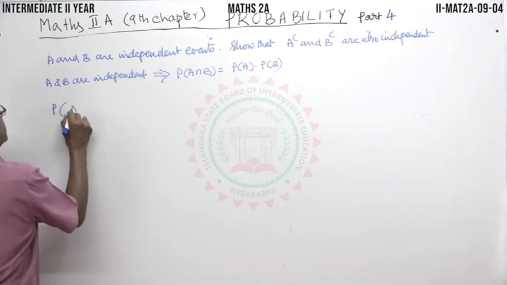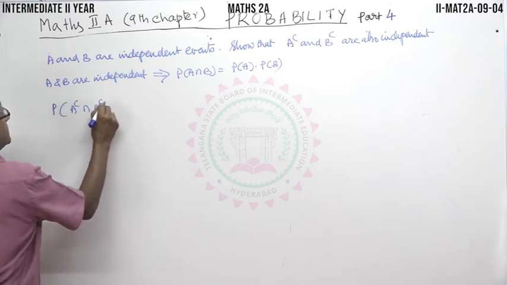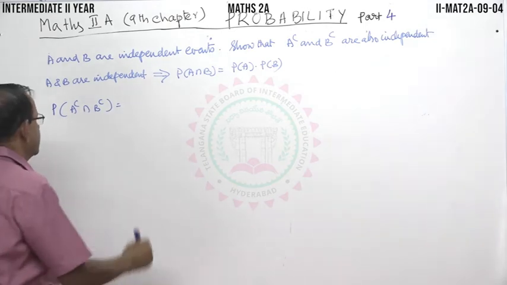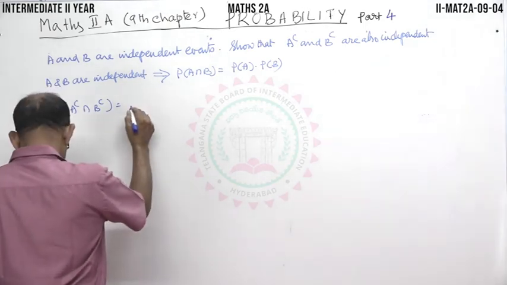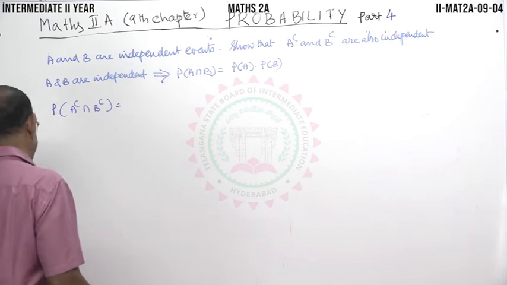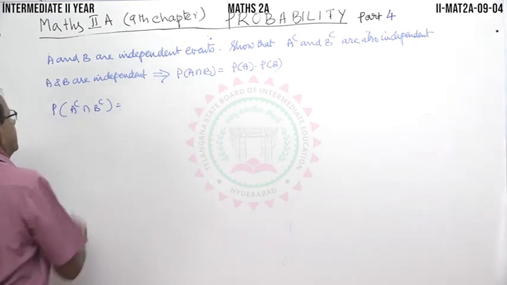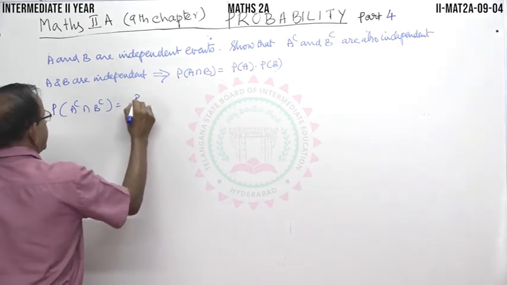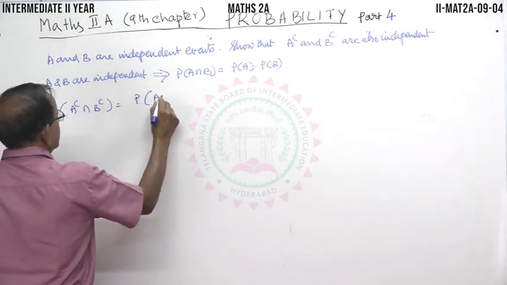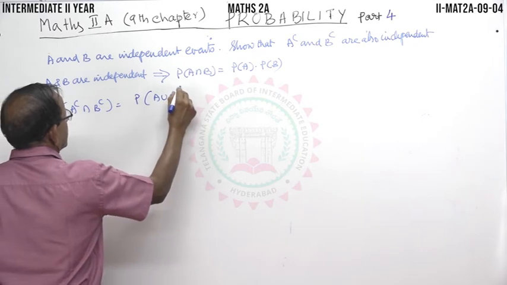Now, what is P of A complement intersection B complement? That is, now whenever this intersection is there, that is P of A union B whole complement.